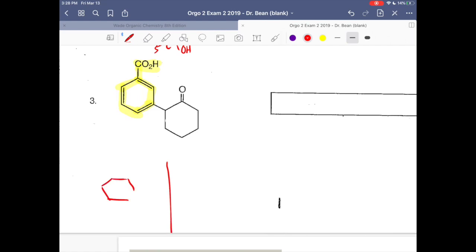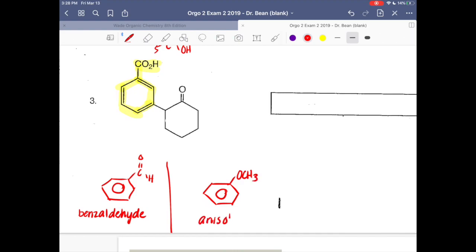Let's say it was replaced with an aldehyde. For example, let's say we had this. That's going to be benzaldehyde. Okay, let's say we had a methoxy group on there instead. That's going to be called anisole.